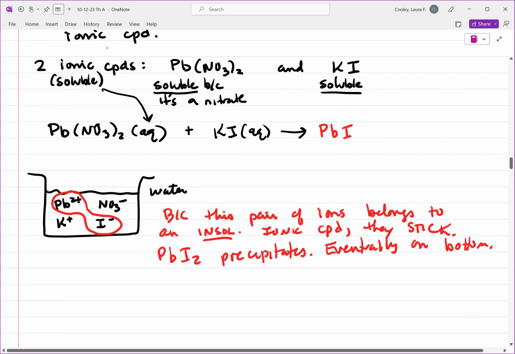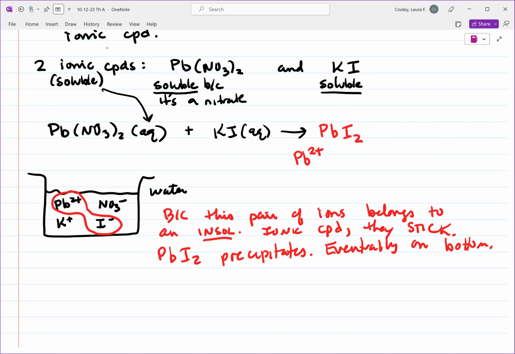Now, here's another thing that you have to realize. When you put the lead with the iodide, you have to make a legal formula, right? We know how to do that. You've been trained to do this. You know that lead is 2+, and that iodide is a single negative, and that you need 2 of these to balance one of those in a formula unit, because we have practiced this.